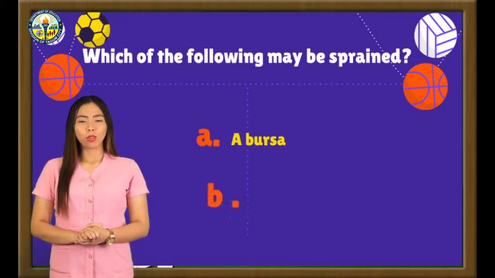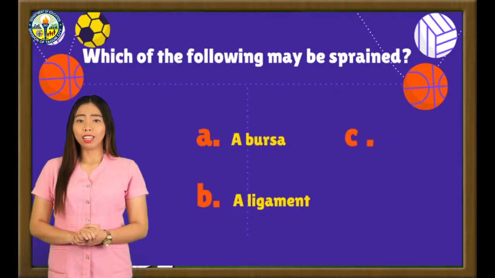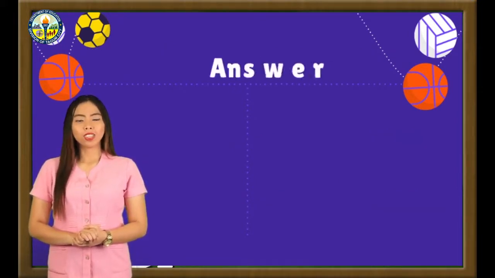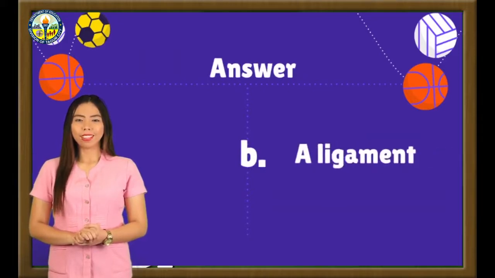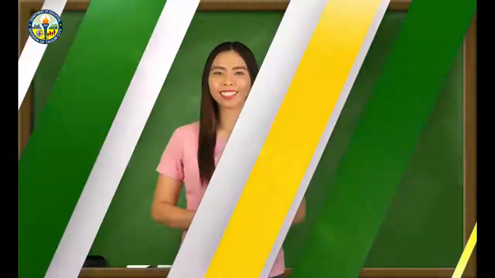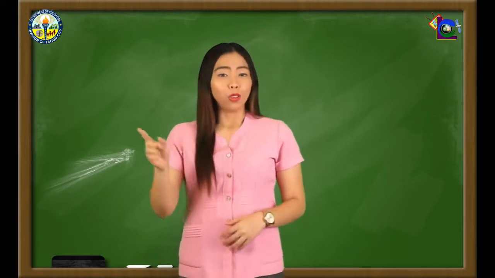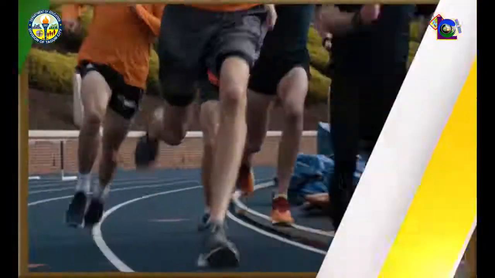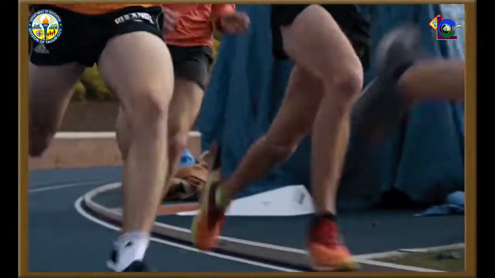A. A bursa. B. A ligament. C. A muscle. Or D. A tendon. The correct answer is letter B. A ligament. How well did you do in our pre-test? Don't worry, because we're just beginning the game.